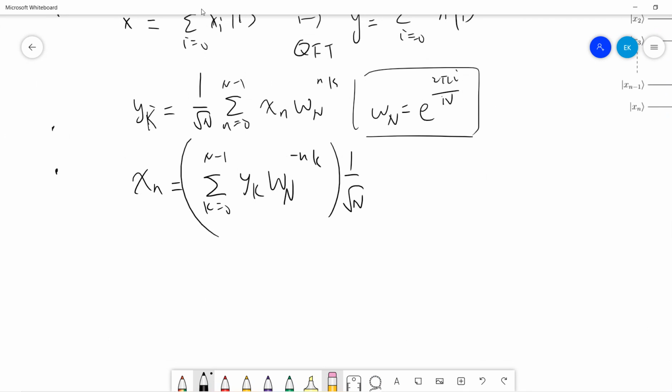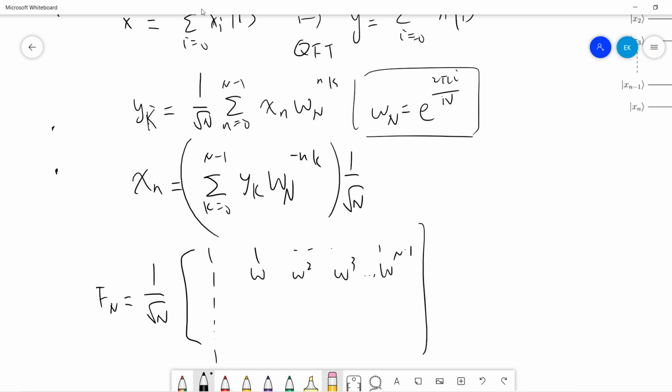Okay, and you can write F_N as a large matrix if you want. It's 1 1 1 1 1 1 1 1, and then the next row is 1, ω, ω squared, ω cubed up to ω^{N-1}, and then 1, ω squared, ω^4, ω^6 up to ω^{2(N-1)}, and then 1, ω cubed, ω^6, ω^9 up to ω^{3(N-1)}.